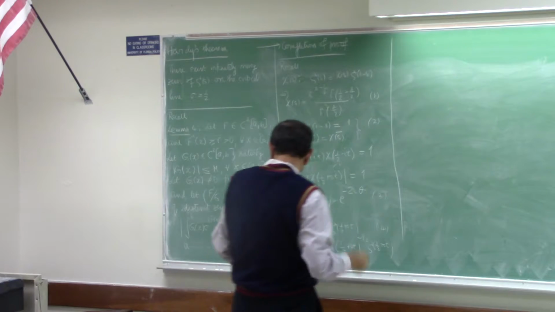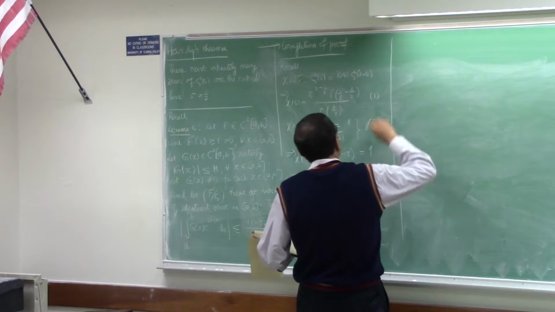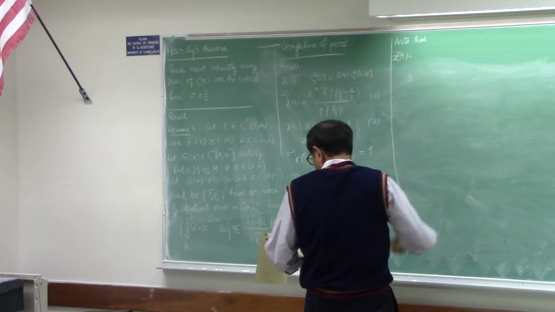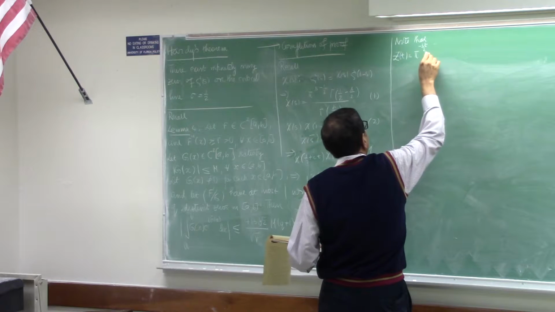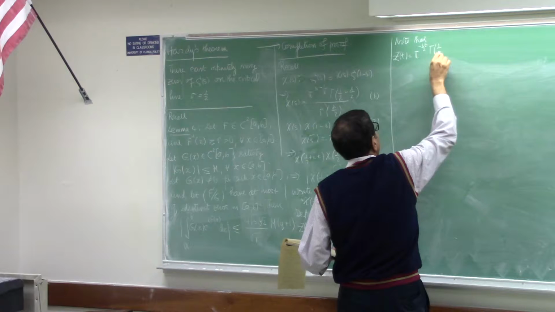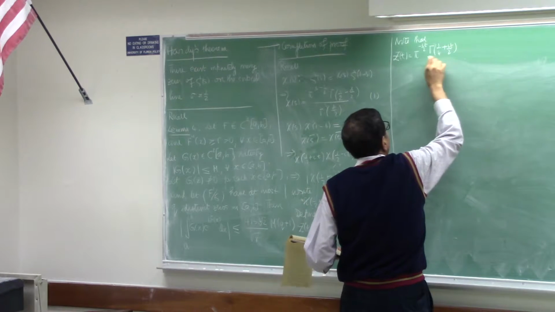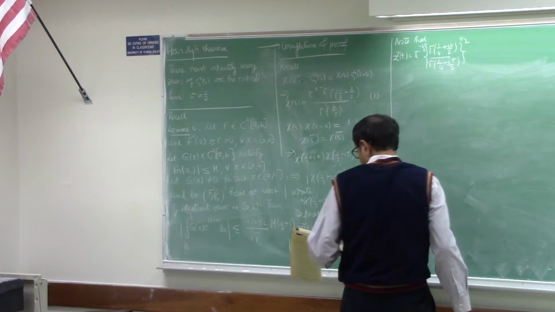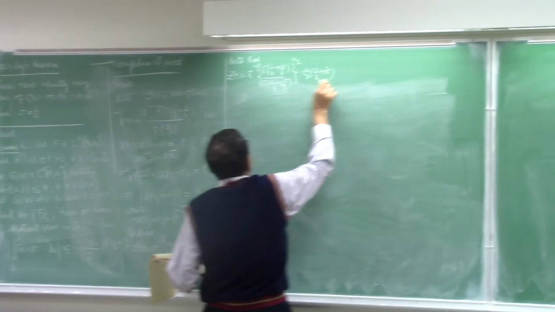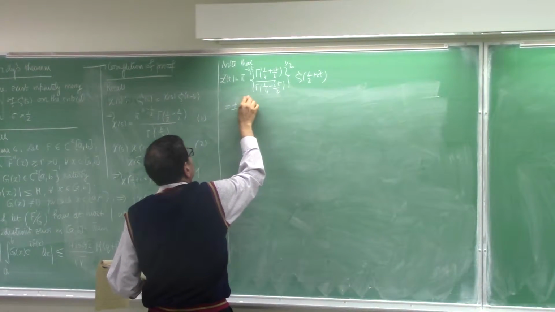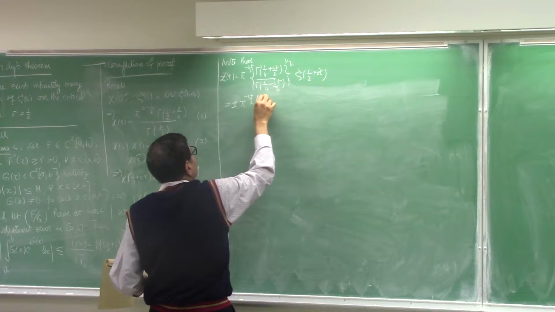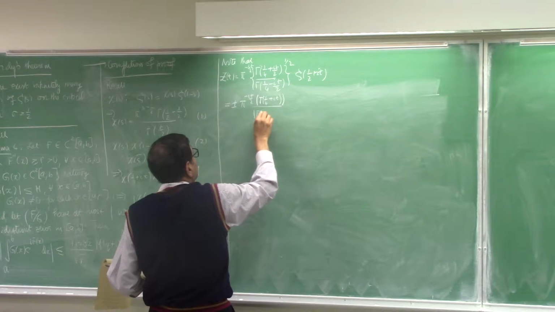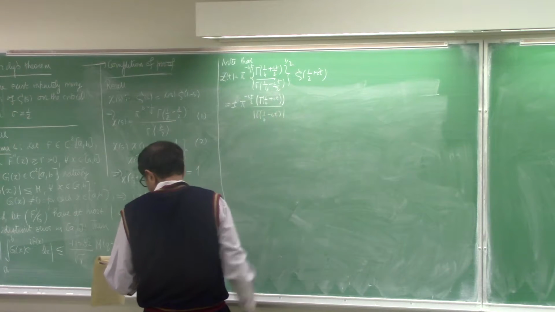And from this, we deduced, so note that z of t by this definition turned out to be pi to the minus it over 2 gamma of (1/4 plus it over 2) over gamma of (1/4 minus it over 2) to the power of half times zeta of half plus it, which we also could write as plus or minus pi to the minus it over 2, and then we put gamma of (1/4 plus it), and divide by the absolute value of gamma of (1/4 minus it), which is the same as gamma of (1/4 plus it).